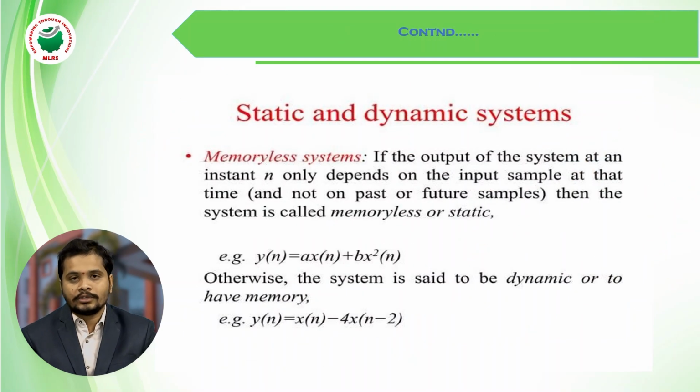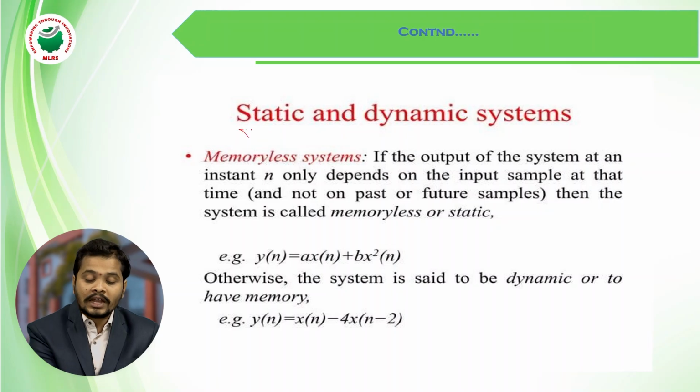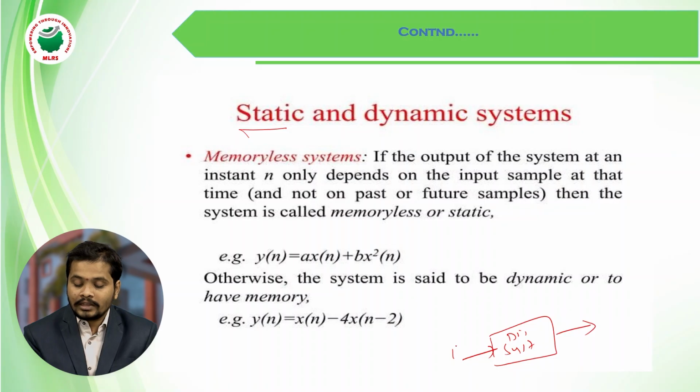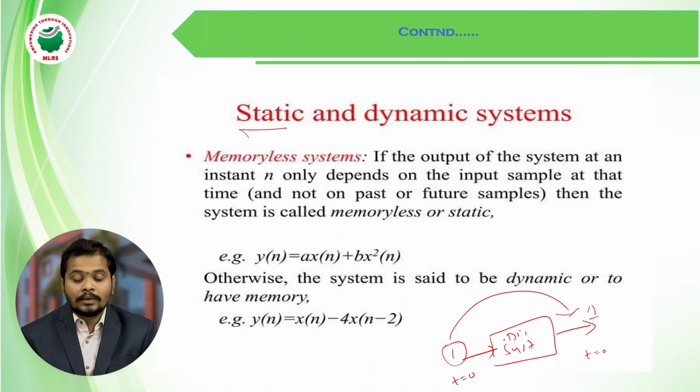Coming to static and dynamic systems, the general meaning of static is that it can't be changed, like a constant. Here also, static means a system which depends only on the present input. If I give one as input to a discrete system, it will produce the output at the time of one only, at time t equals to 0, with perhaps some delay.